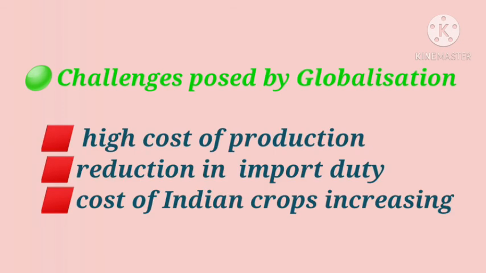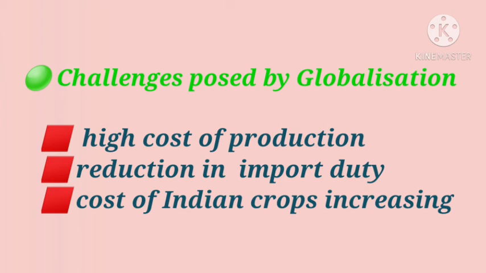Challenges posed by globalization. Globalization means the whole world becomes a small village. All the transactions can take place between the countries. So what happens here? In India, the cost of production is high. So Indian goods are expensive in the world market. But when other countries follow modern methods of agricultural activities, they are able to produce their crops at a low rate.